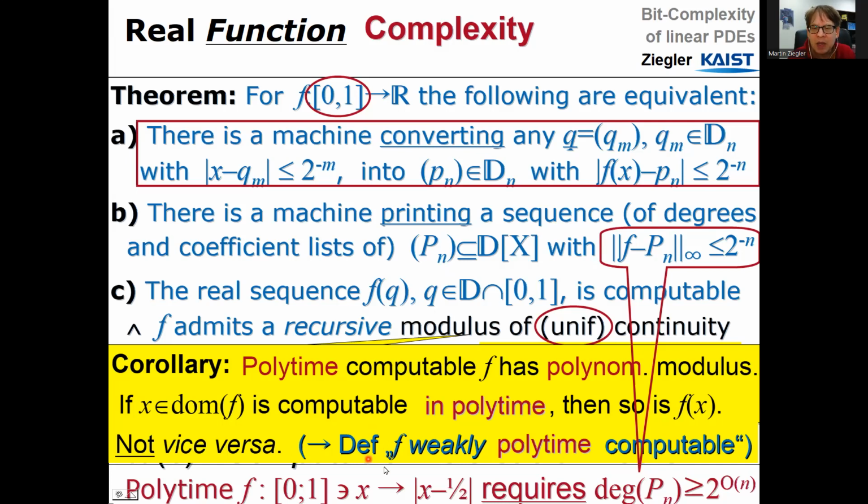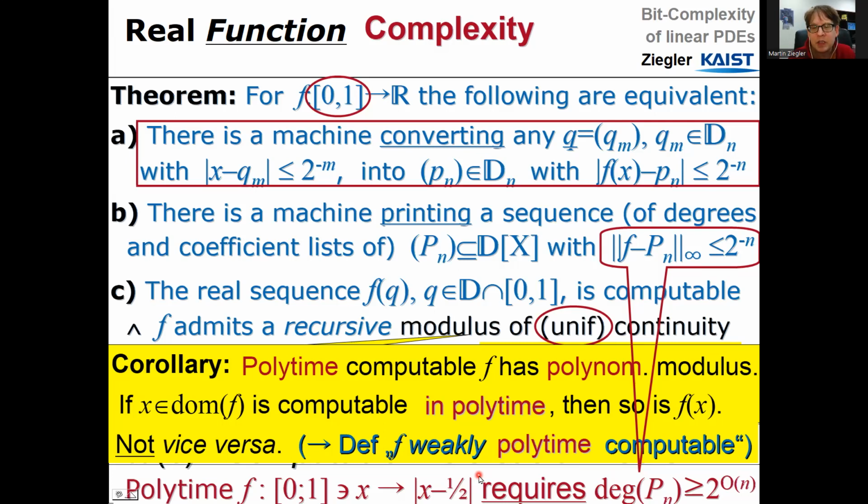And one final thing I'd like to record here, for when we talk about operators on the next slide, is about these approximating polynomials for item B. One reason why we did not choose item B for our definition of complexity, but item A, is because of approximating a simple function such as the shifted absolute value function. This is a very simple function, and for all reasonable definitions, this should be considered polynomial time computable.